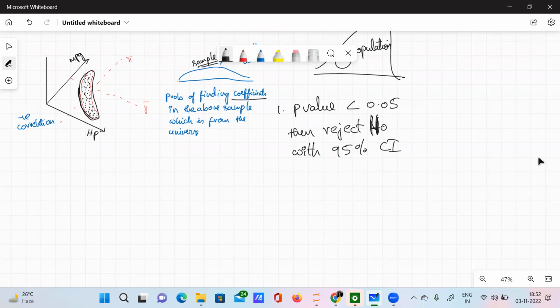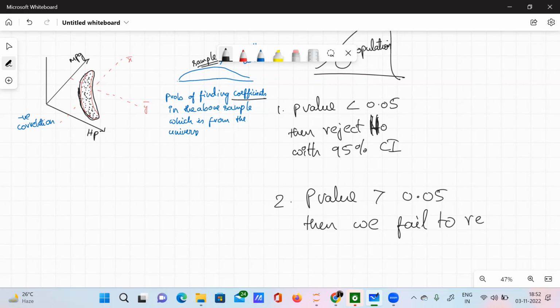But what if we have another situation, where the p-value is greater than 0.05? Then we fail to reject the null hypothesis. That is, we don't have enough evidence to reject the null hypothesis.